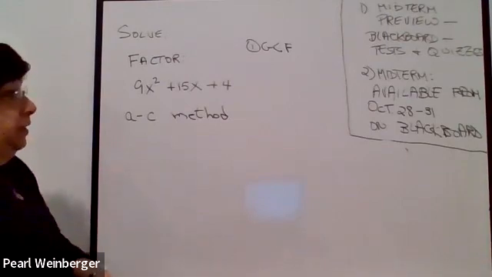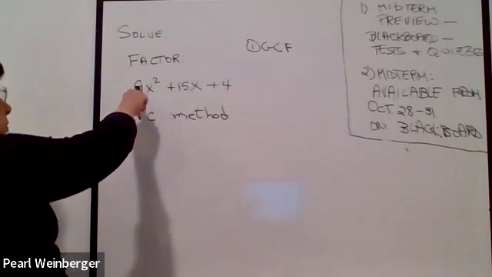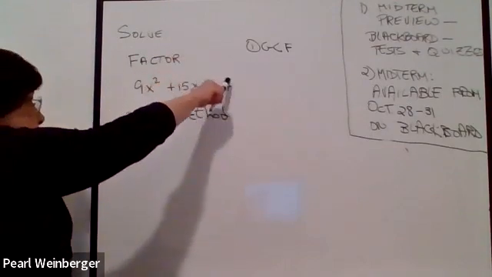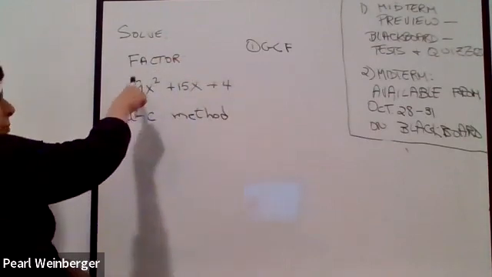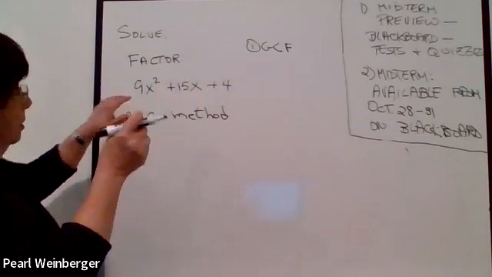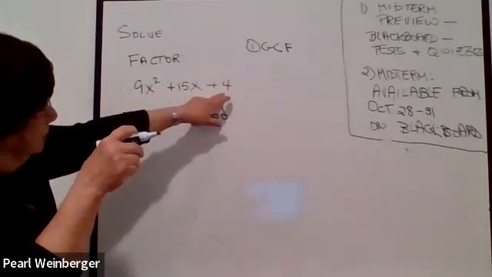Now, this is called the AC method because what we're looking at is multiplying the first number times the last number. This is called the A. When you're looking at a quadratic expression, it's ax squared plus bx plus c.